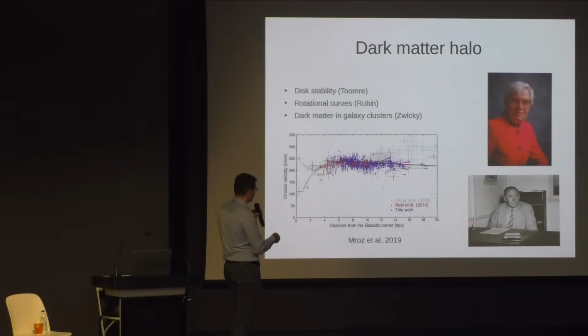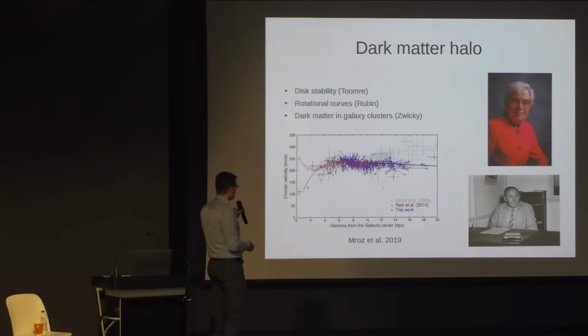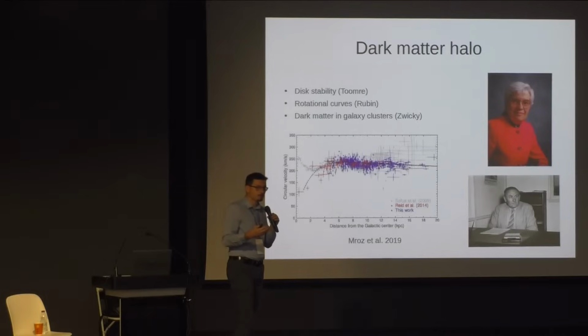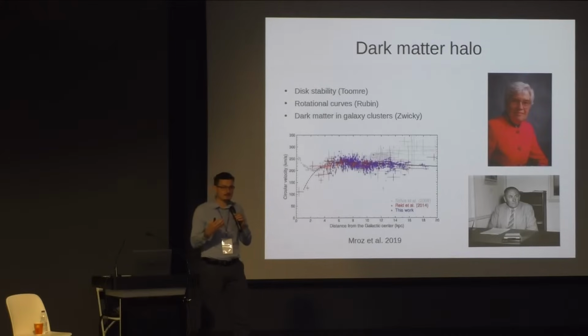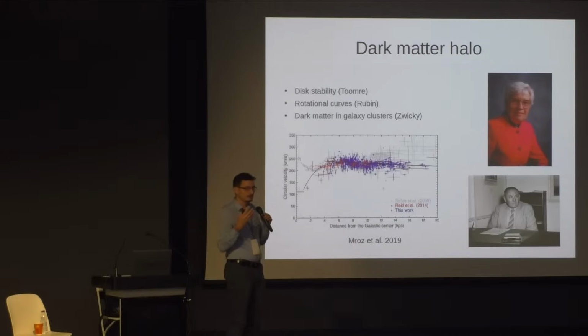But we measure very high values of these velocities. After, for example, a radius of 8 or 10 kiloparsecs, we don't have any more stars to contain that mass. We only have, for example, hydrogen in gas, and the mass of that gas is not large enough to support the value of the rotational velocity.